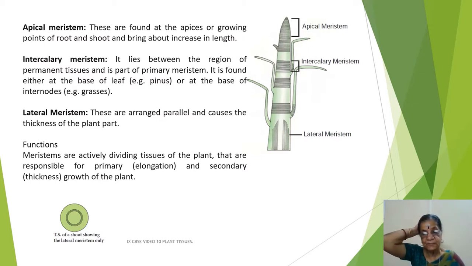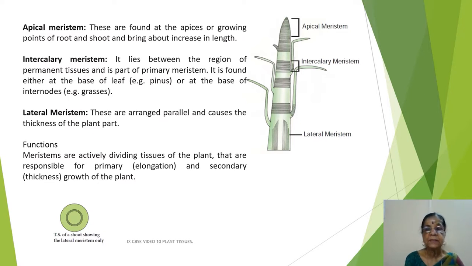I hope you understand. Now this apical meristem is found at the apex or growing points of root and shoot and brings about an increase in length. I repeat, apical meristem is found at the apex, that is the growing points of root and shoot, shoot meaning the stem region, and brings about increase in length.